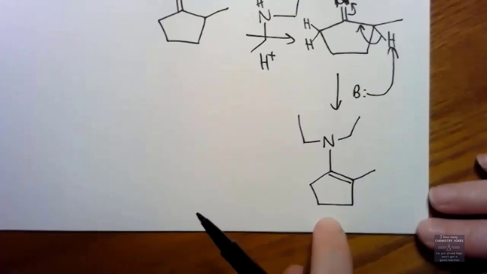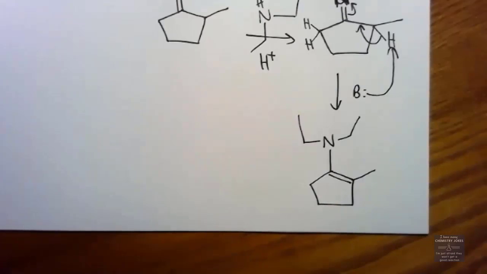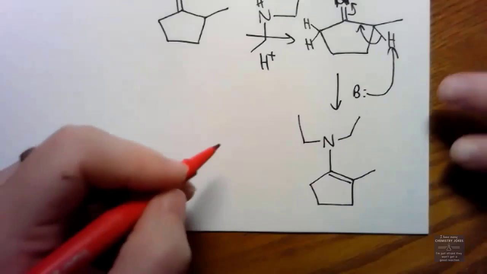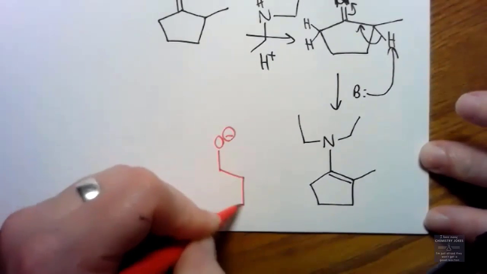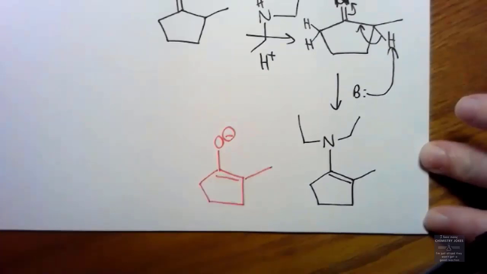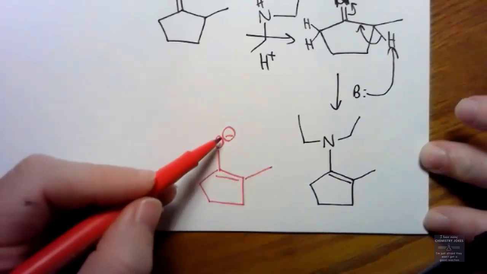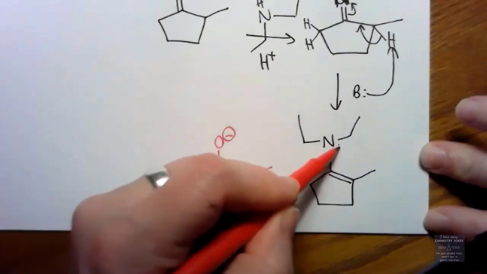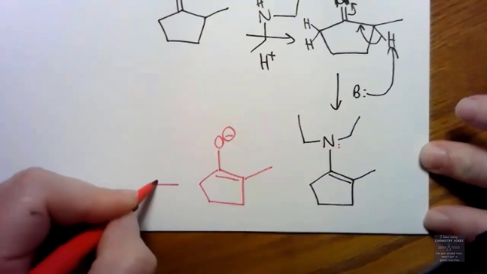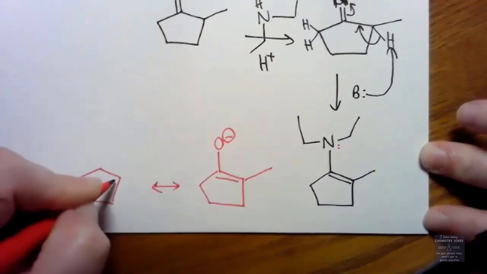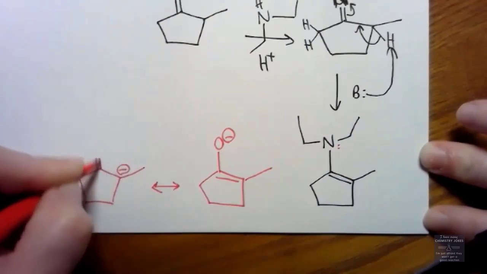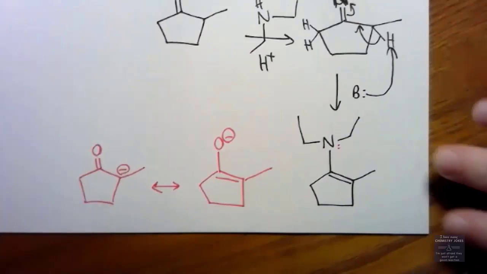This enamine is equivalent to this thermodynamic enolate that we saw earlier. This is oxygen with a lone pair. This is nitrogen with a lone pair. This enolate can be drawn as the oxyanion version, the way I just did, or it can be drawn as the carbanion version.